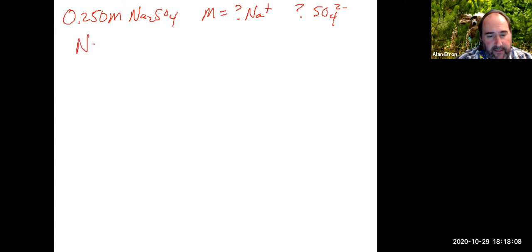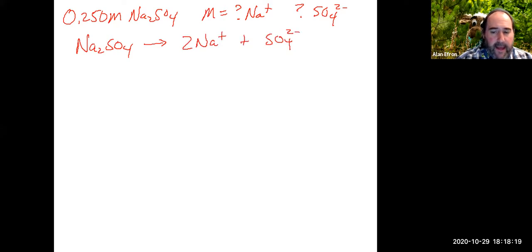When we take something like sodium sulfate, it is going to break apart into 2 sodium ions and a sulfate ion. If the whole thing is 0.25 molar, it is a 1 to 2 relationship in terms of the sodium ion.